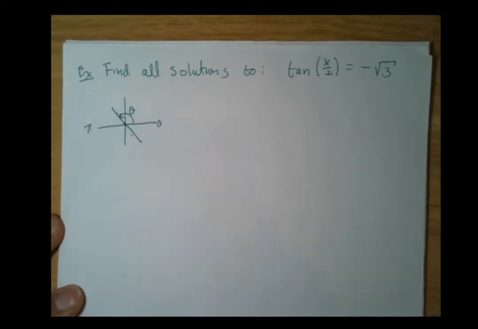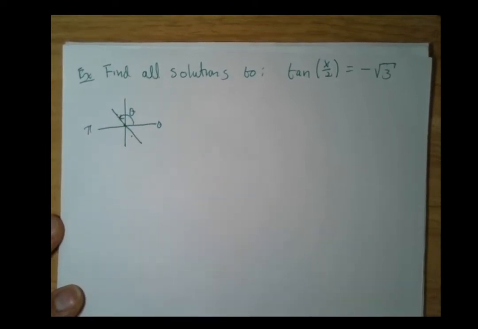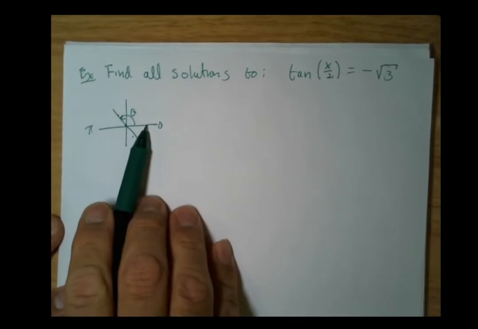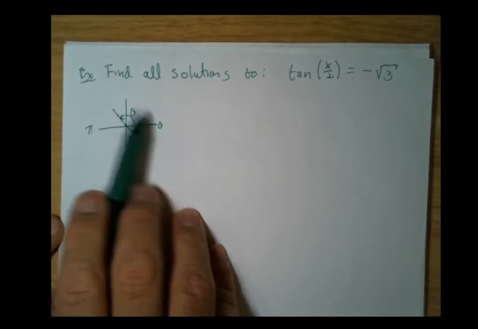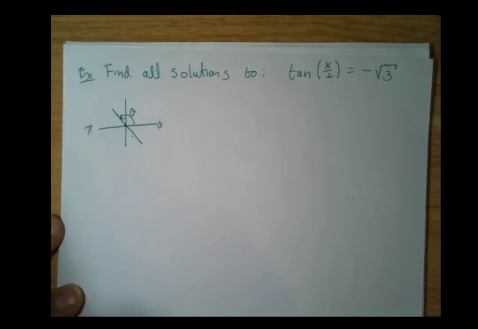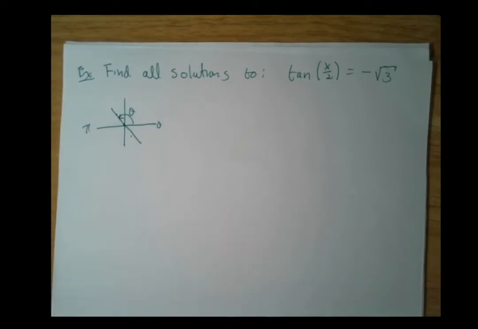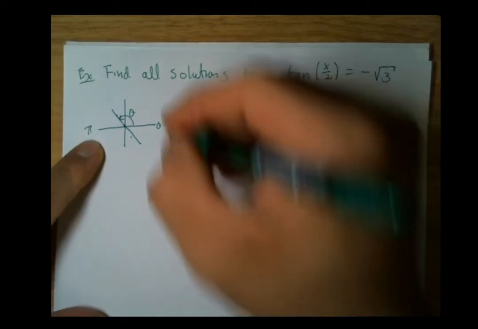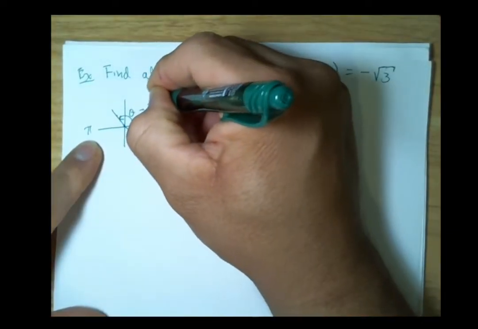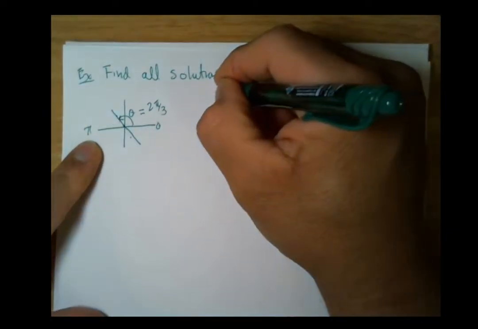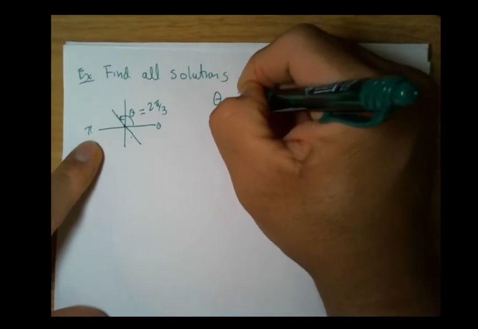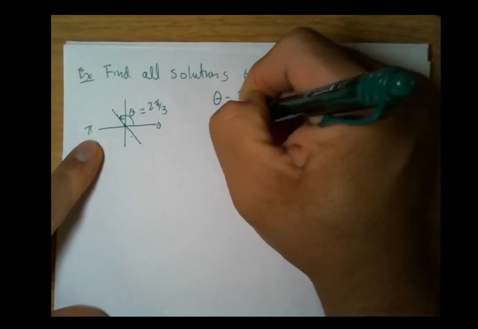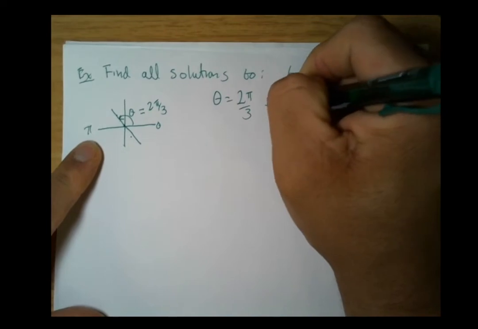Right? So when dealing with tangent and cotangent, it's simply enough to find solutions in our interval 0 to pi. Right? And since the period is pi, we just add on a factor of pi k. Okay, so in this case, our theta, that angle is going to be 2 pi over 3. So to set up our equation, you get 2 pi over 3 plus pi k, right?